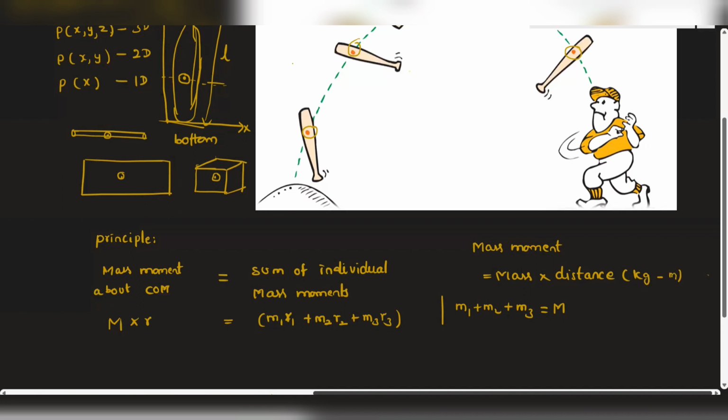Now R equals what can I write? M1 R1 plus M2 R2 plus M3 R3 by the total mass. This is the point, and whatever value comes is going to represent R, and that is R COM.